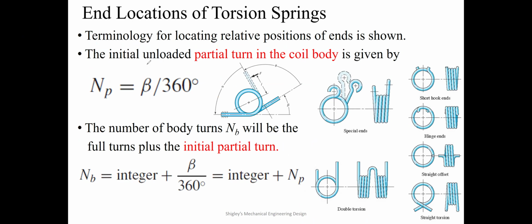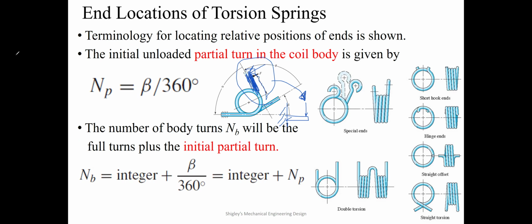If we only account for the length here, this length can be regarded as a simple cantilever beam when the force is applied to it. So in this case, it's just a cantilever beam with a point load applied.